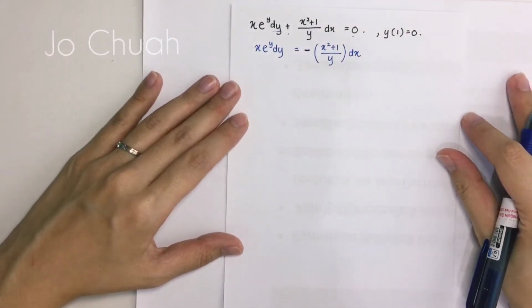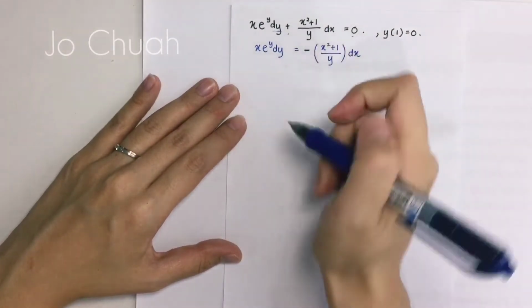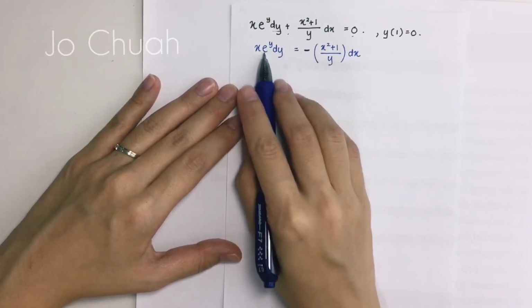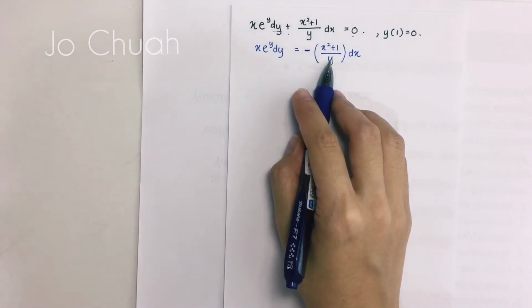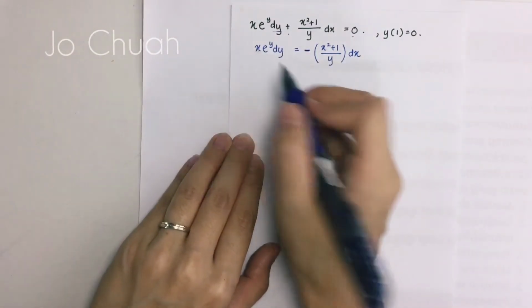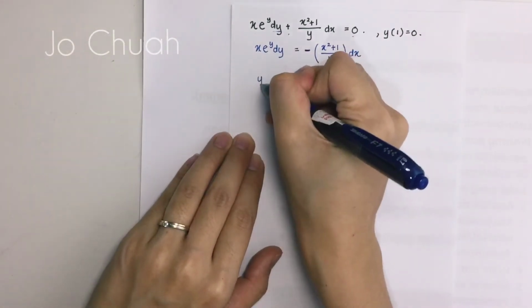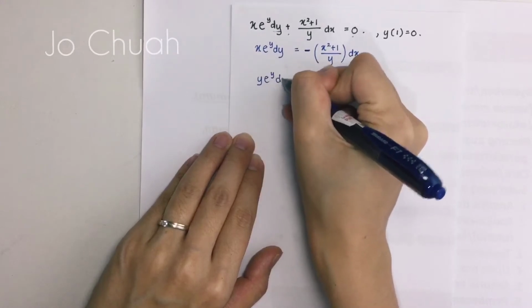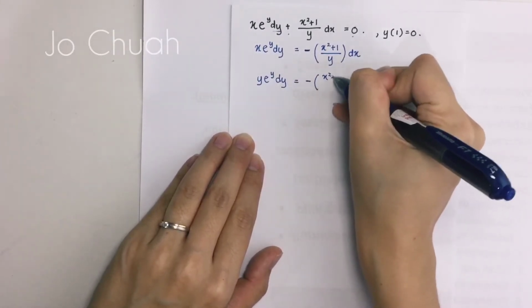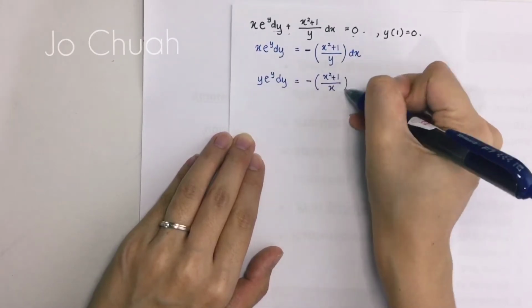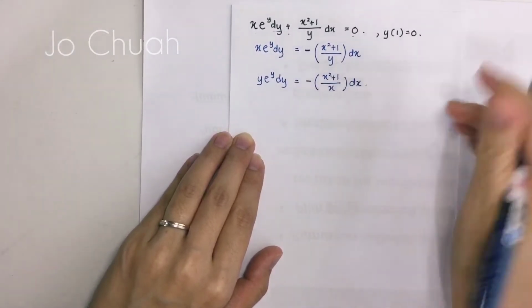So you got to be careful for this. And then this y, we're going to move it back here, so you have to times y here, and here you're going to divide x. So if you times y, you're going to have this one equals to negative x squared plus 1 over x dx.